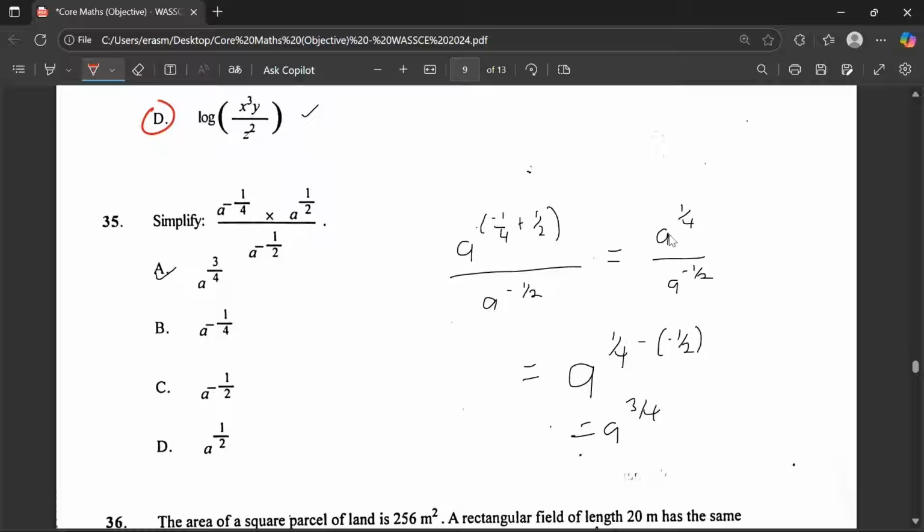If the bases are the same and they are dividing, then we subtract the exponents. So that is a to the power 1 on 4 minus negative half, and that becomes 1 on 4 plus half, and that is a to the power 3 on 4. Option A is the correct response.